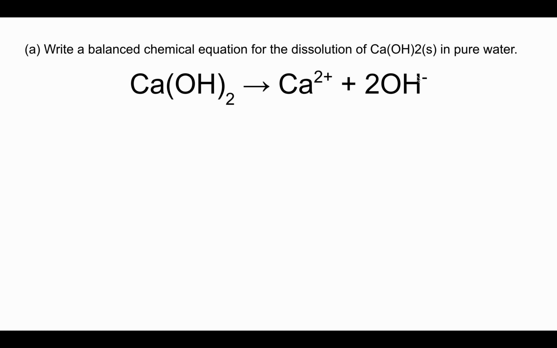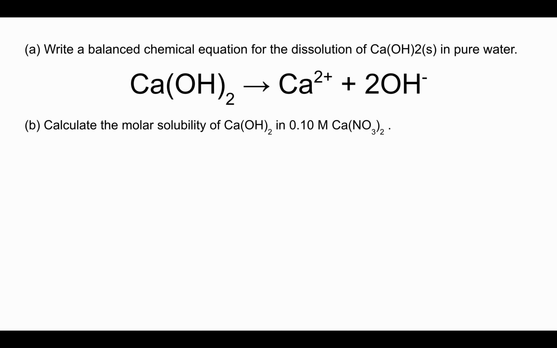Alright, for Part B. Part B says, calculate the molar solubility of calcium hydroxide in a 0.1 molar calcium nitrate solution. Alright, so the first thing that we need to do, let's talk about what they're asking here.